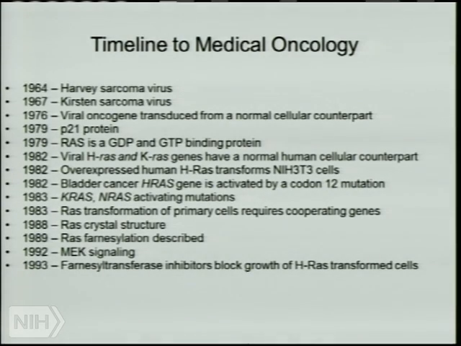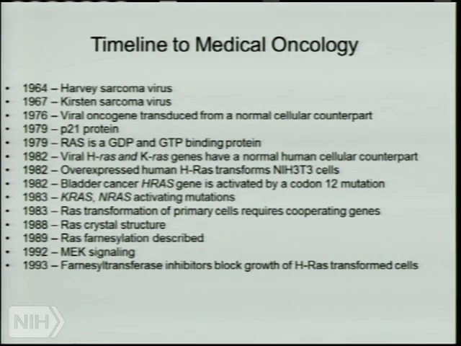So this is a timeline of when this basically got started. And one point is that this was 50 years ago. So we've known about the transforming potential of these sarcoma viruses for 50 years, which is remarkable. And just to follow through a few details that I wanted to point out.